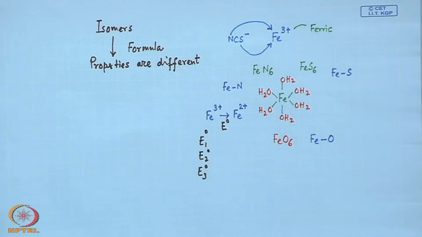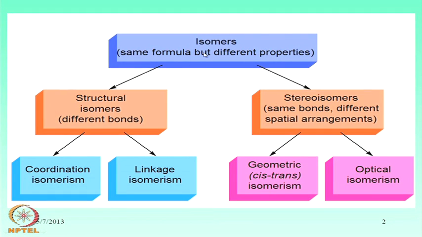So, we definitely have a different property related to the isomeric form, because we have different bonds for the structural isomers, and we can have coordination isomerism. That means one particular ligand system is directly attaching to the metal center instead of going outside the coordination sphere, that means going to the second sphere of attraction.